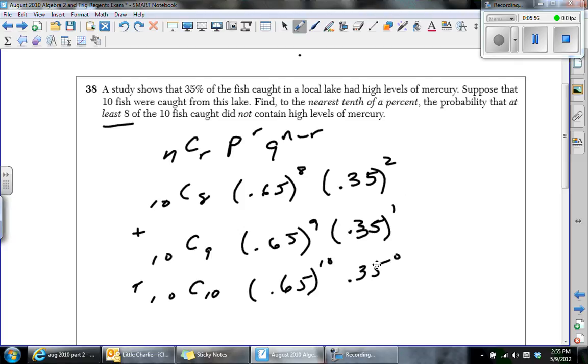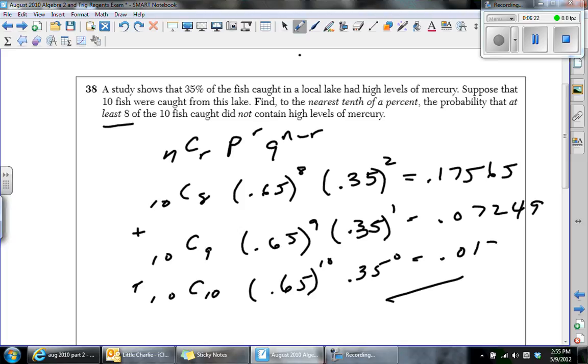So, when you type this in your calculator and hit equals, you should get 0.17565. Here you should end up with 0.07249. Over here, you should end up with 0.01346, giving us a total of 0.2616, or in our case, 26.16%.